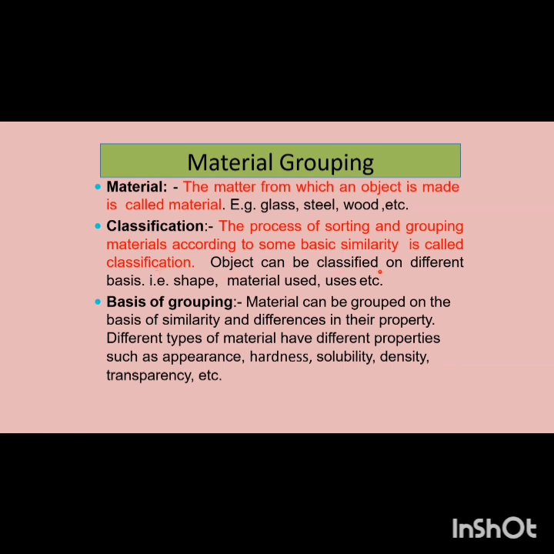Objects can be classified on different bases, that is shape, material used, and uses. Basis of grouping. Material can be grouped on the basis of similarity and differences in their property. Different types of material have different properties, such as appearance, hardness, solubility, density, transparency, etc.